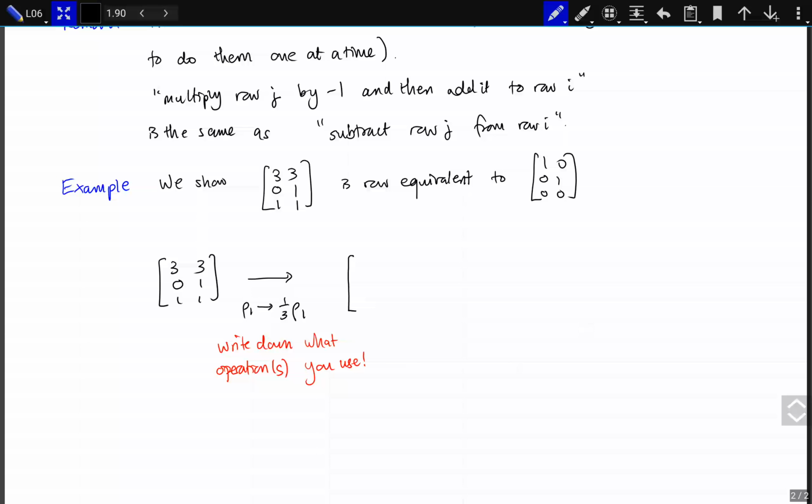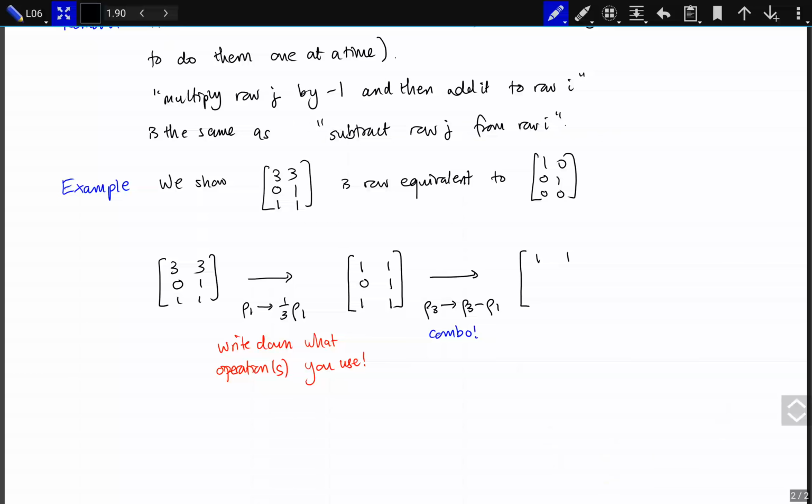Okay, so when I multiply the first row by 1/3, I just get 1, 1 on the top, and nothing else happens for the lower rows. And then I use my combo from above to subtract row 1 from row 3. So this was my combo of subtracting row j from row i. So row 1 doesn't change.